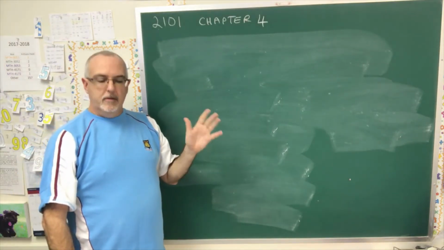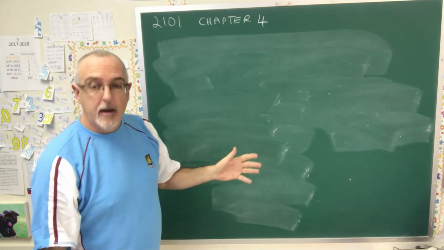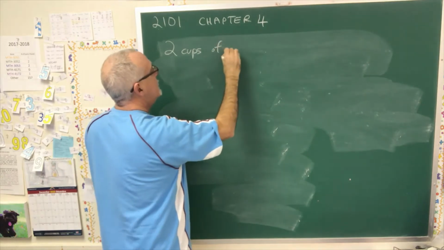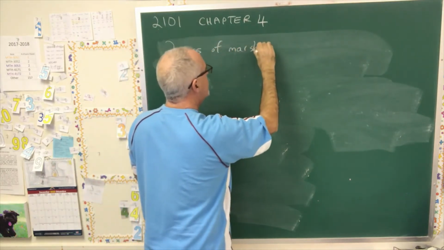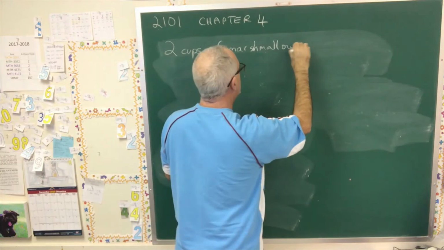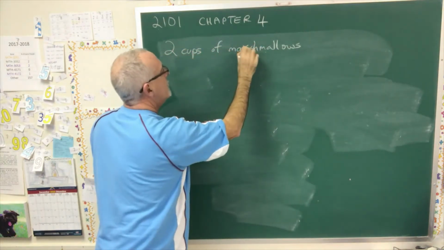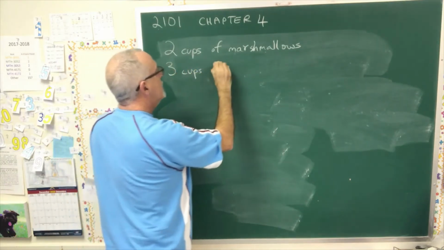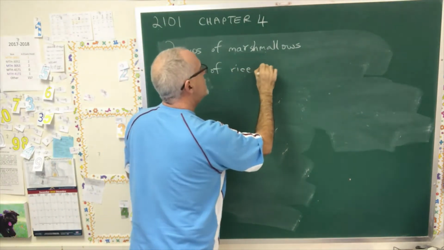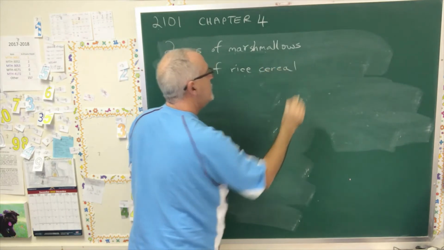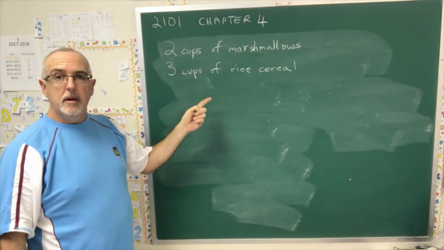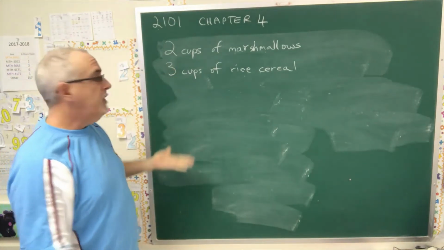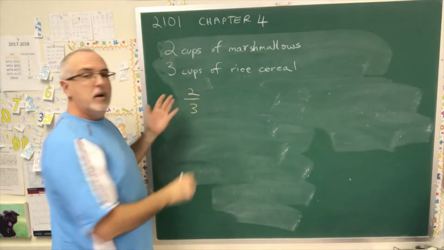How about we have a recipe where we are combining 2 cups of marshmallows and 3 cups of rice cereal. Okay, that's a pretty simple recipe. This is 2 numbers that are being compared. We have a ratio. 2 over 3 is a ratio. I could write it 3 over 2 if I want.